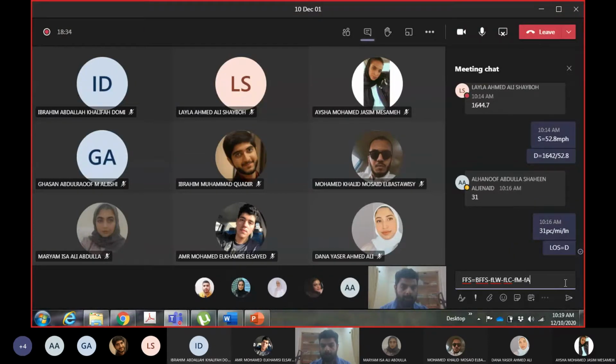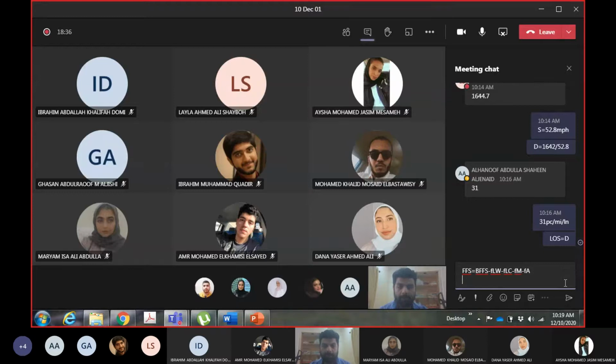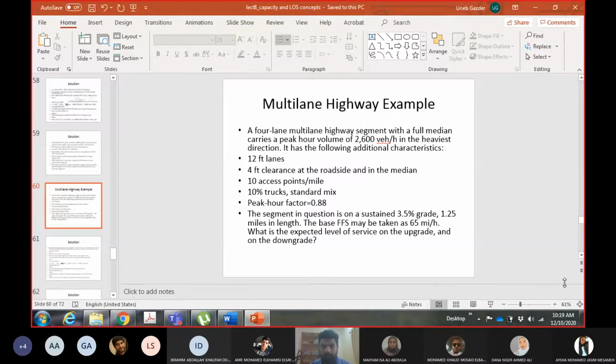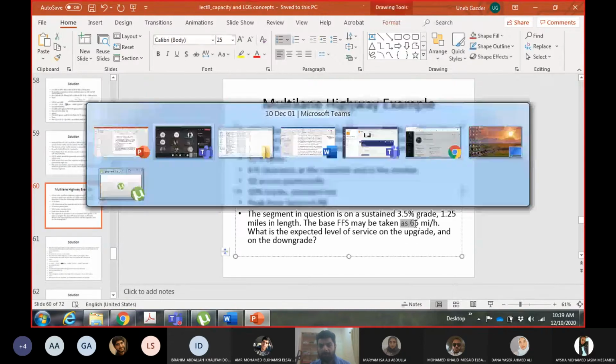So base free flow speed has a full median. Base free flow speed is 65.